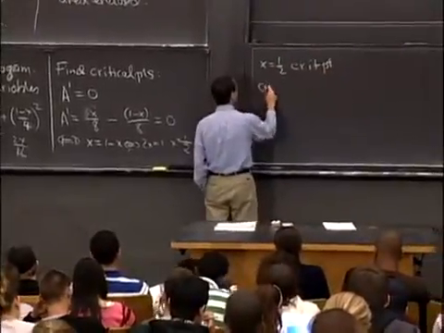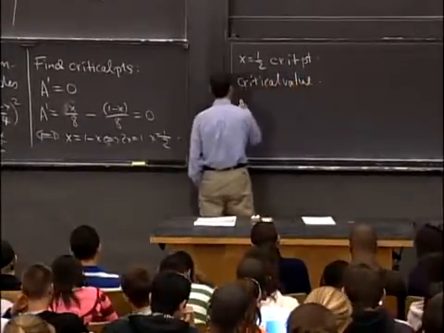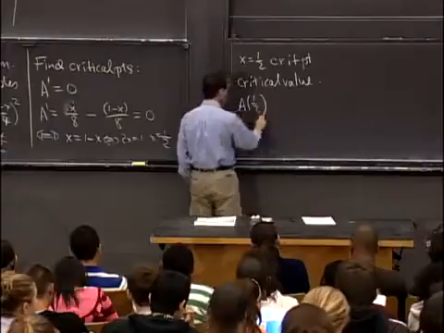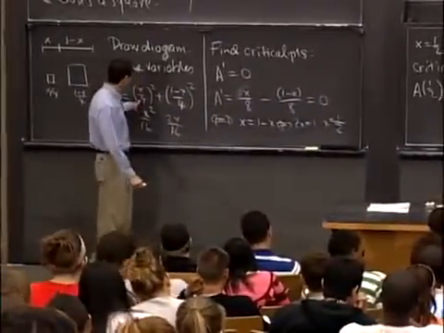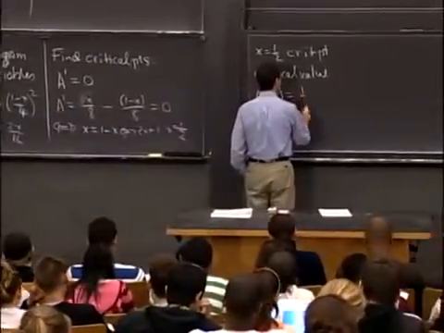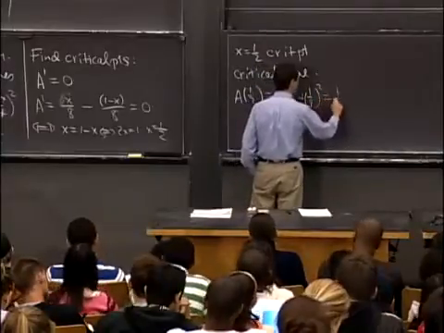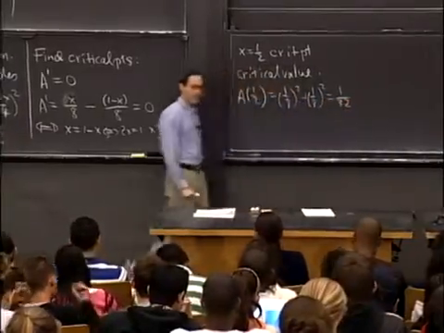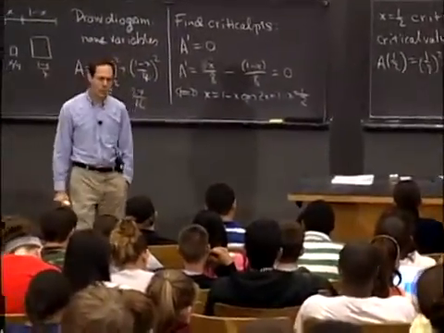And the critical value, which is what you get when you evaluate A at 1/2, is a half divided by 4. That's 1/8. So that's 1/8 squared plus 1/8 squared, which is 1 over 32. So far, so good.